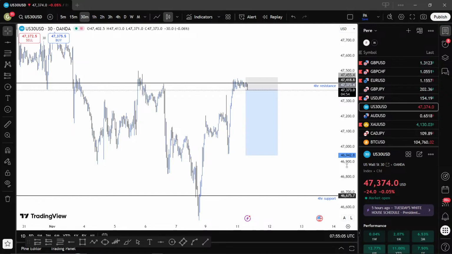So I'm coming out to quickly take this short here. SL, okay, at 47,555. And then TP, I'll just bring it low here.